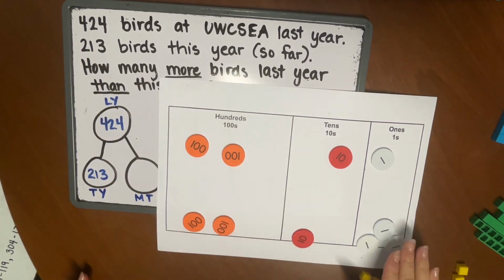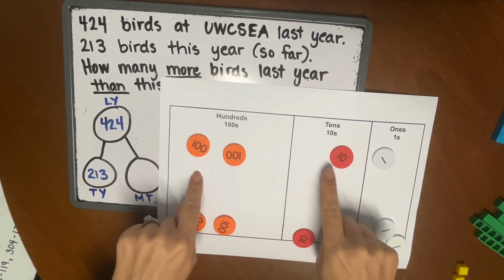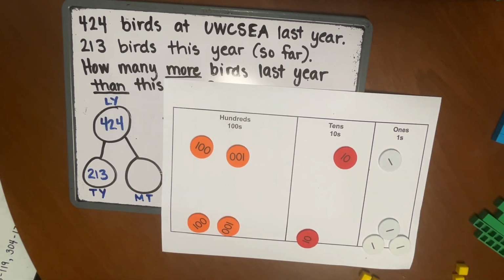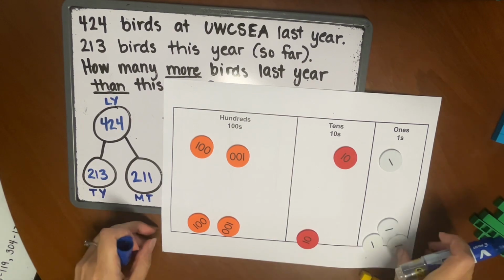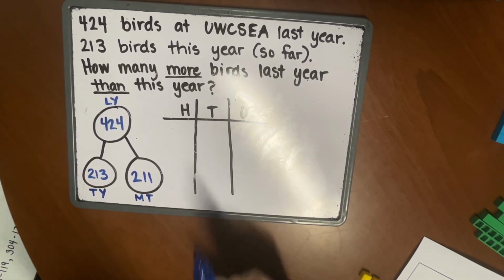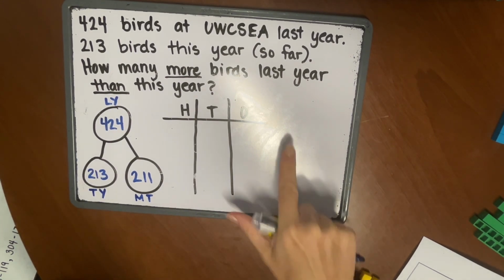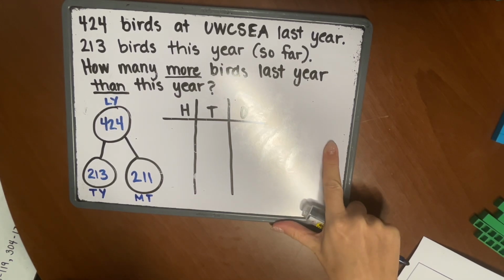So this is what we've seen this year. That means we still need to see 211 more. So I got the answer 211 both times. Now let's see how we could draw this with our hundreds, tens, and ones chart. If you haven't done that yet, pause the video and do that. And also write a number sentence or equation that might match this problem as well.